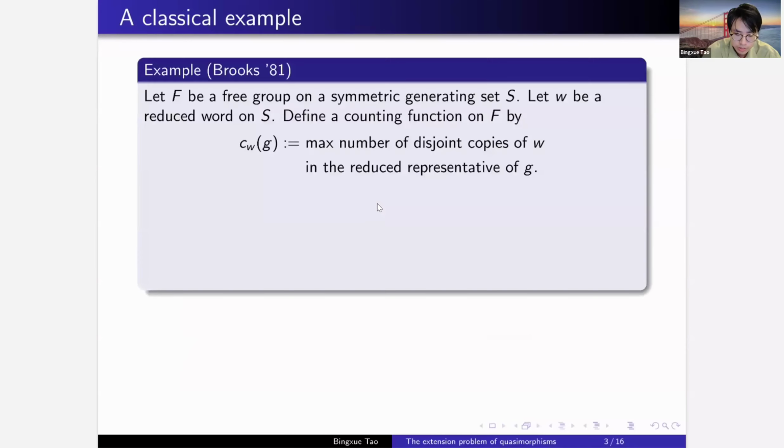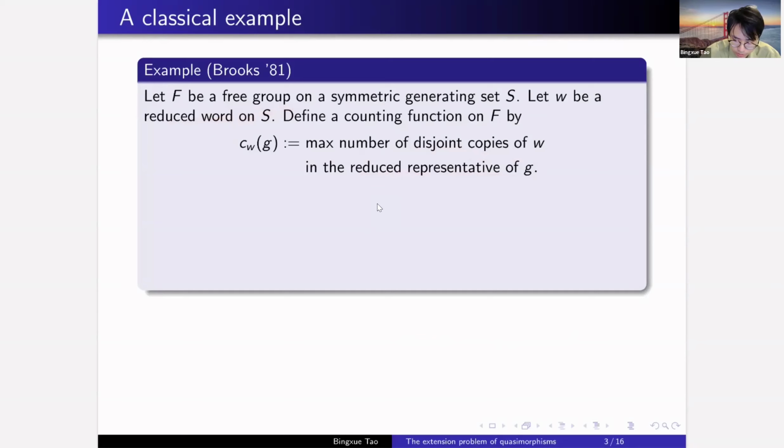Here is a classical example constructed by Brooks in 1981 for free groups. Let F be a free group on a symmetric generating set S, and W be a reduced word on S. You can take any reduced word you like and define a counting function C_W(g), which counts the maximum number of disjoint copies of W in the reduced representative of g.